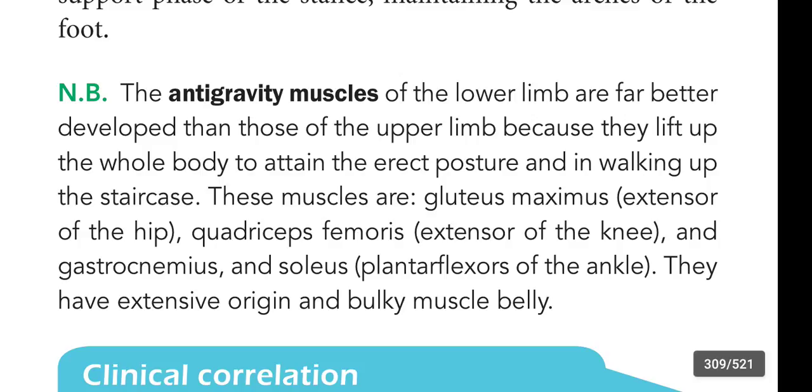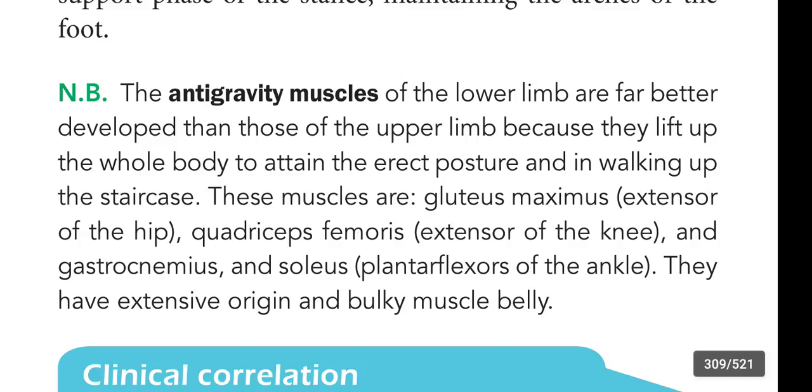They have extensive origin and bulky muscle belly. These gastrocnemius and soleus unite to form the Achilles tendon, which is connected to the calcaneus.